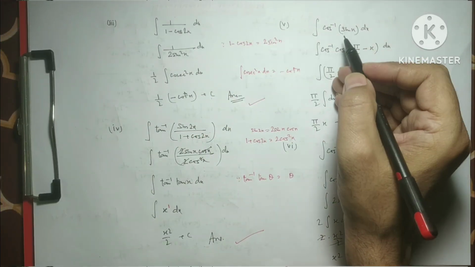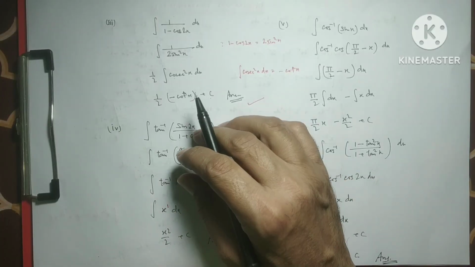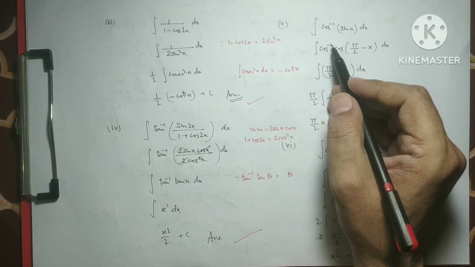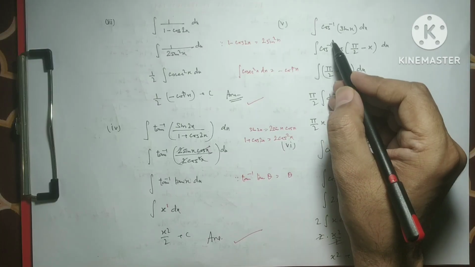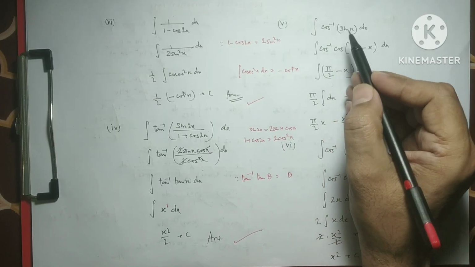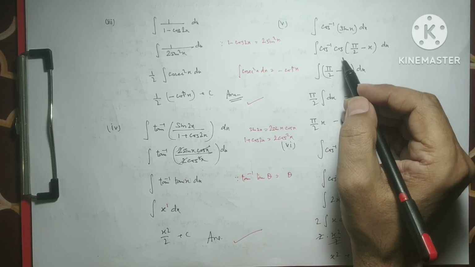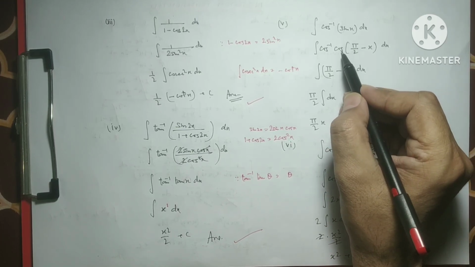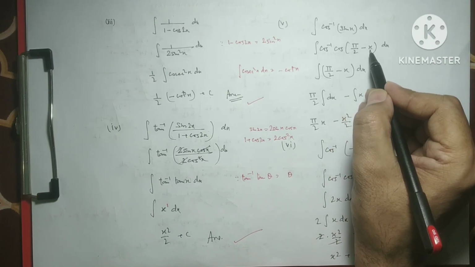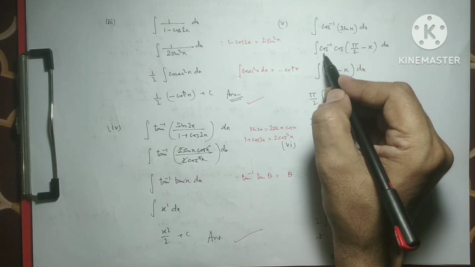Now the next part is cos inverse of sin x. So cos inverse will be removed or disappear by converting sin x in terms of cos x. So in terms of cos, that will be cos of pi by 2 minus x is sin x. So we can place this, and this will be cancelled out.